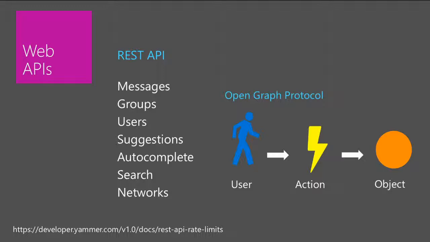The actions we recognize from users could be deleting an object or creating an object. An object could be a CRM record or a calendar invite, something of that nature. Brian's actually going to dig a little bit deeper into the REST API and give you guys a good understanding of how that works.